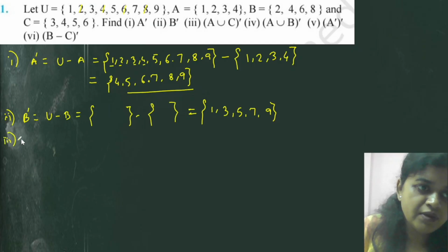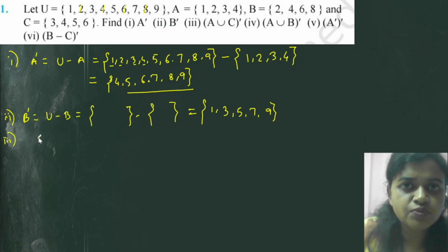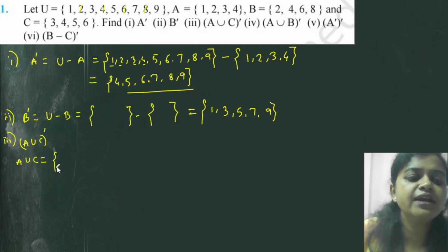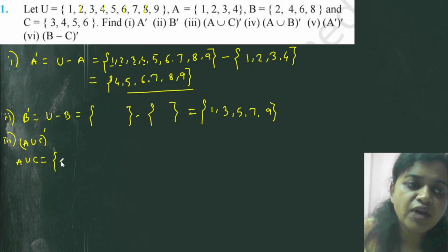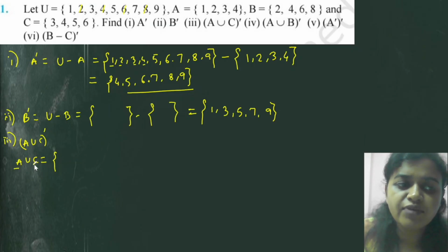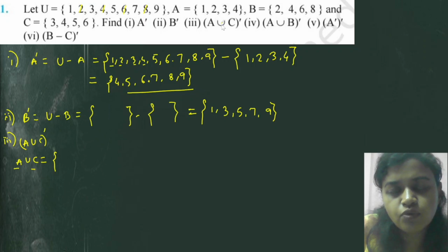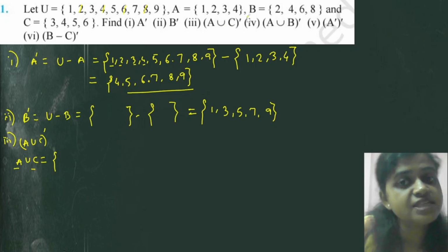Now 3. Now 3 is A union C complement. So you have to find the value of this one. First we will find A union C. A union C means you have to include all the elements of A as well as C, and remember you cannot repeat the same element.